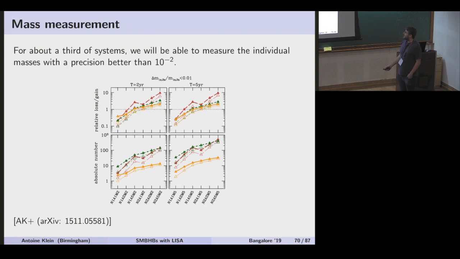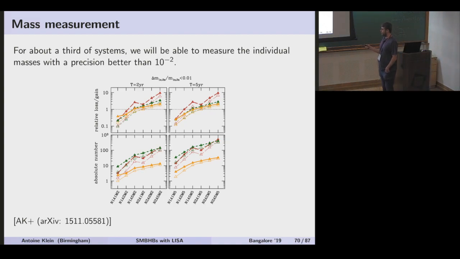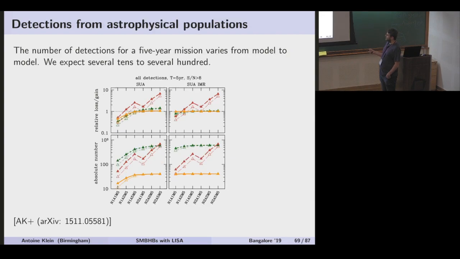How well can you measure the masses? So for about a third of the systems that we observe, you can measure the component masses with accuracy better than 10 to the minus 2. Right. So, I should have mentioned still, in the most pessimistic scenario, we get about 40 mergers.